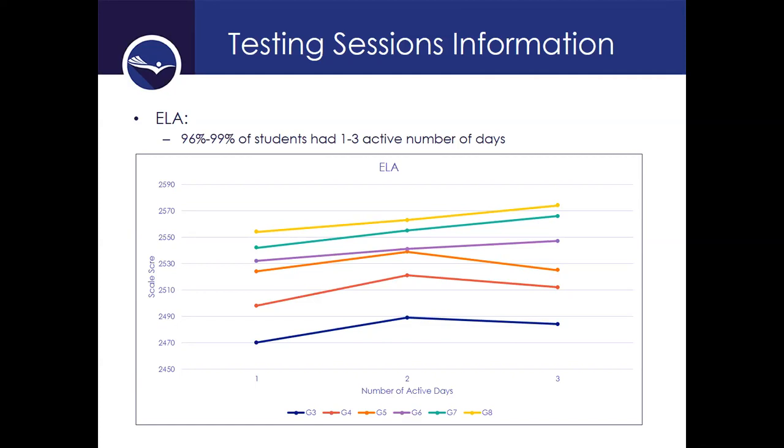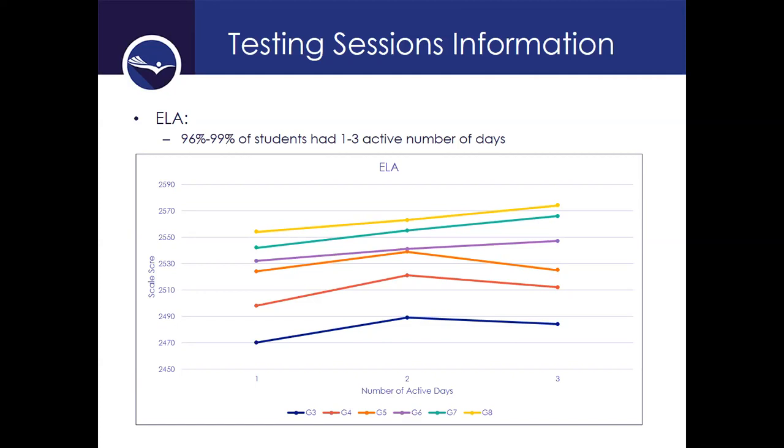Grades 6, 7, and 8, on the other hand, students that took 3 days to take the assessment had even higher scores on average. Once again, we don't know the reason why, but that's why we're encouraging districts to move away from 1 day and divide it into 2 or 3 days. I have some ideas about that.